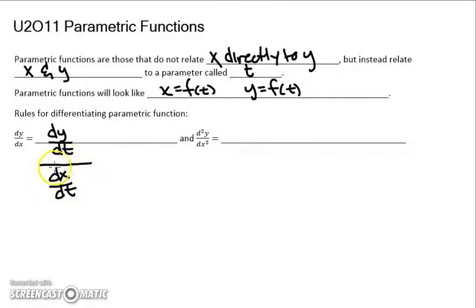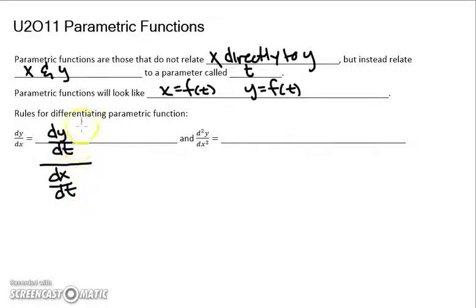And if you think about what's going on here, to get to dy/dx, you have a fraction divided by a fraction, so you multiply by the reciprocal. Your dt's are going to cancel out, and your dx is going to be in the bottom. So dy/dx is the derivative of y divided by the derivative of x.